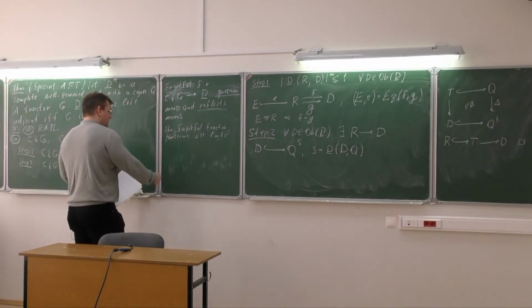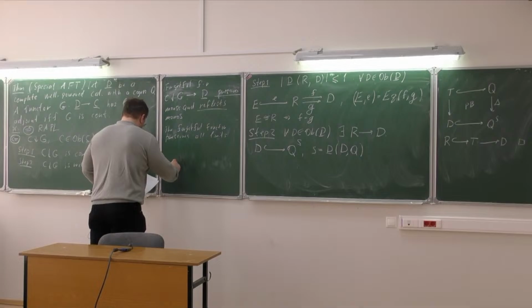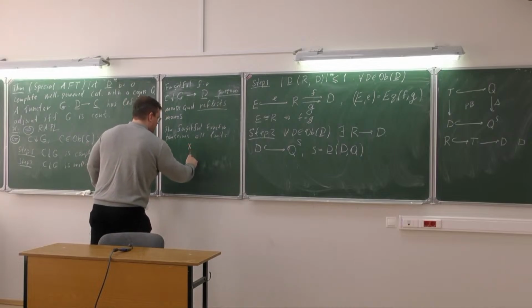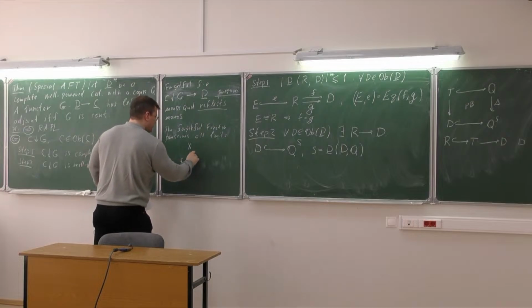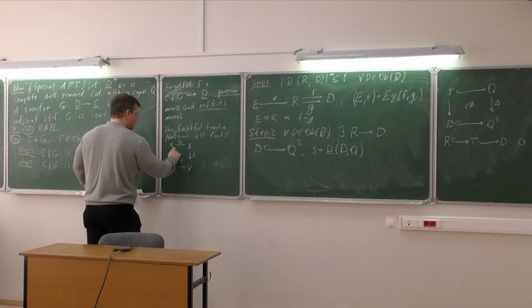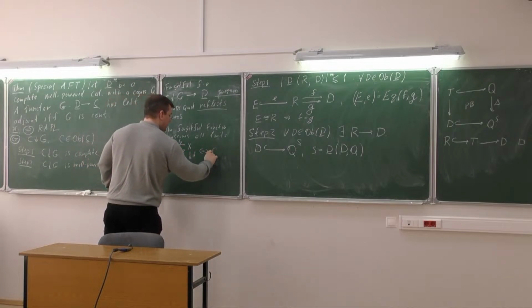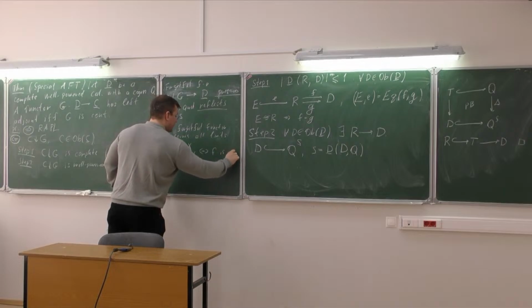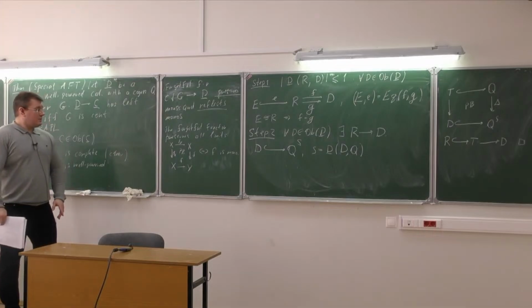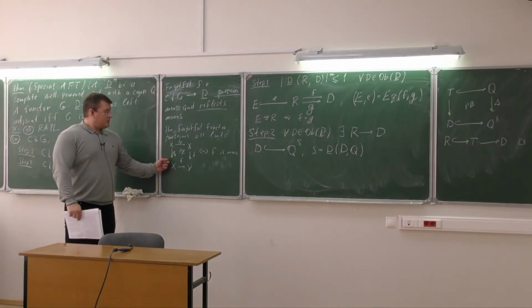Well, by just this observation that whenever we have a monomorphism, F is a monomorphism if and only if this is a pullback square. So being a monomorphism is a property that can be characterized in terms of limits.